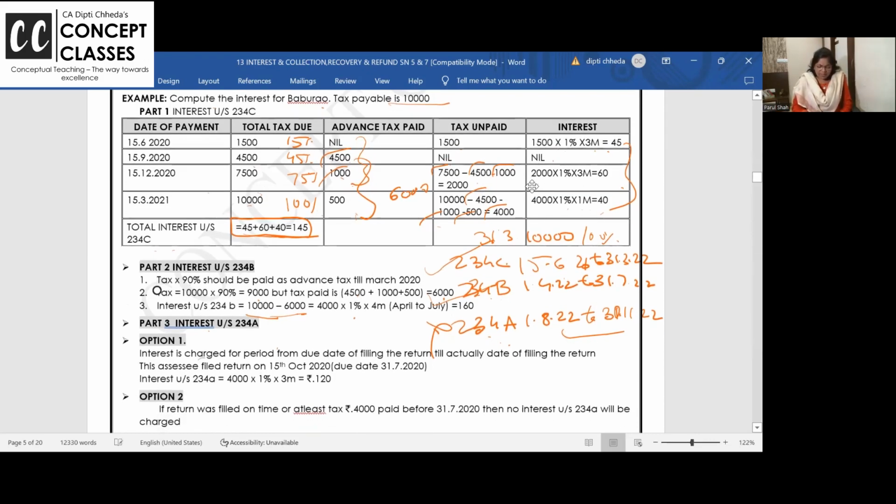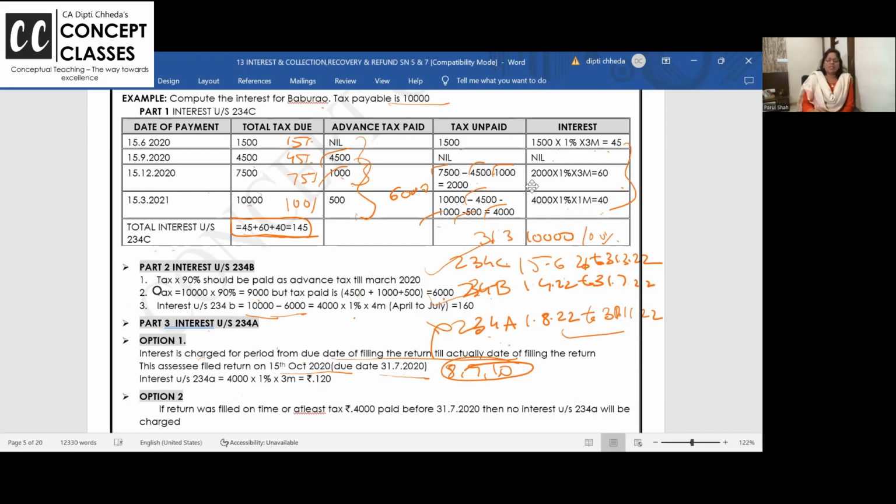So interest is charged from the due date of filing the return, that is July. And if the return is filed on 15th October, so August, September, October. For 3 months, interest is charged on 4,000.